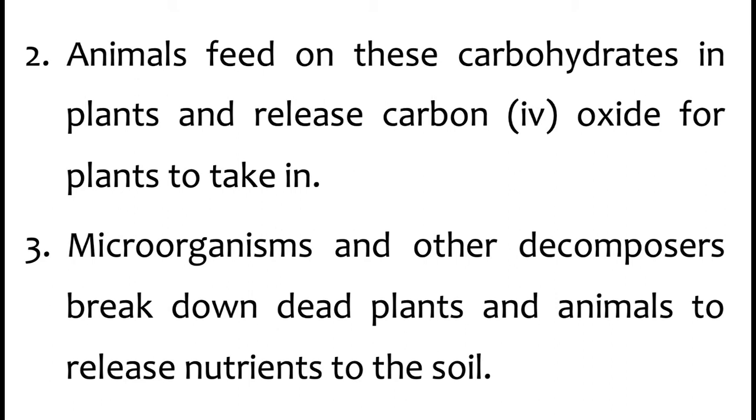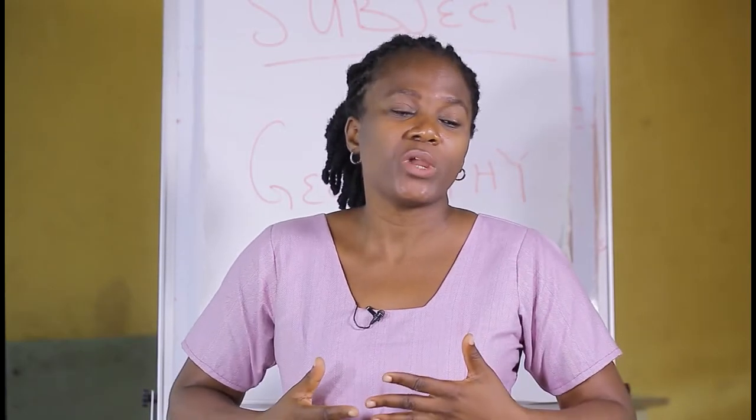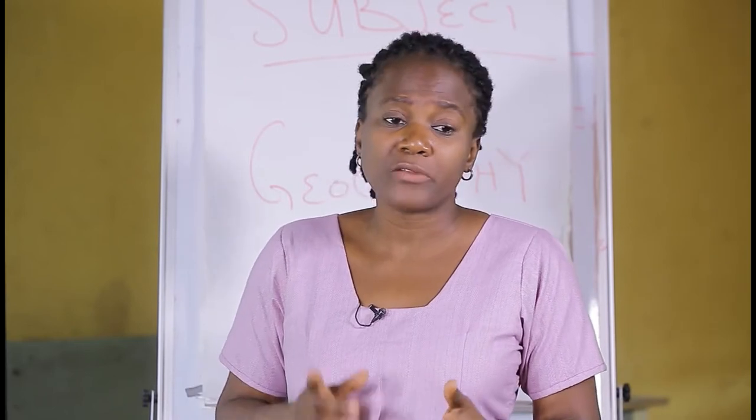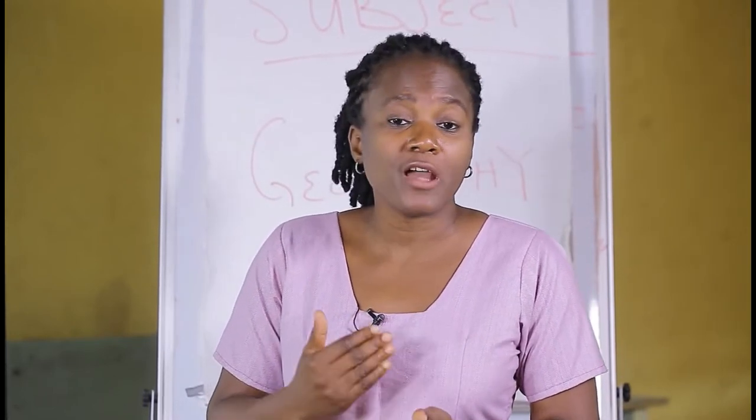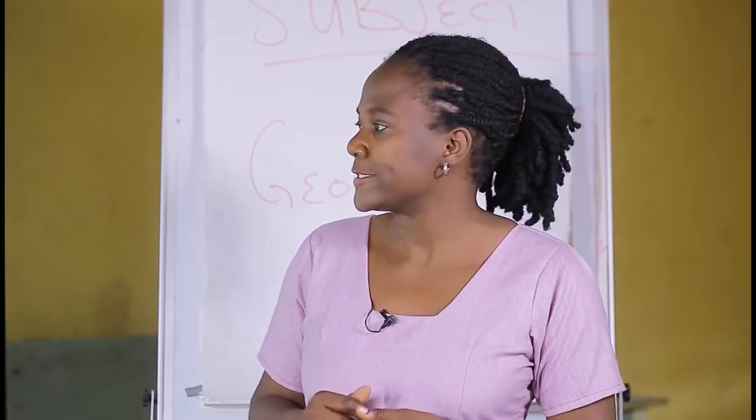I'll say it again. Animals feed on these carbohydrates in plants and they release carbon dioxide for the plants to take in. So when animals take in carbohydrates, they release carbon dioxide. Remember, carbon dioxide is what plants use to manufacture their food through photosynthesis.